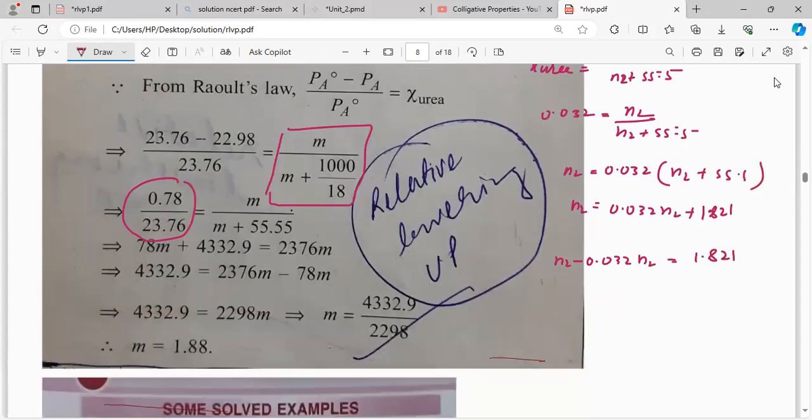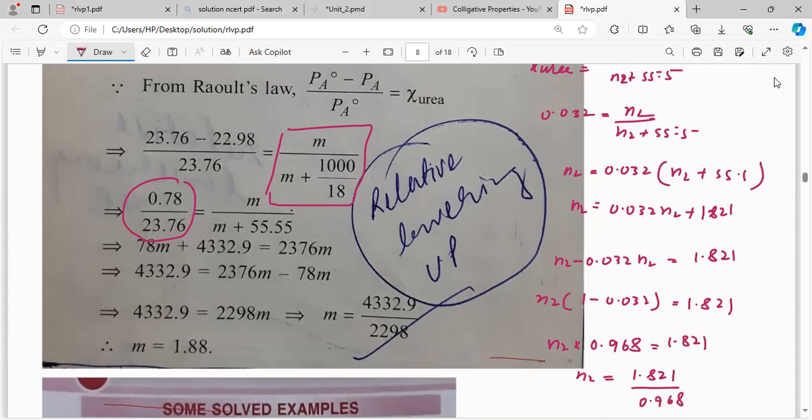Here N2 is common, so 1 minus 0.032 is 0.968. So N2 into 0.968 is equal to 1.821, and N2 is equal to 1.821 divided by 0.968, which is 1.88 molar.